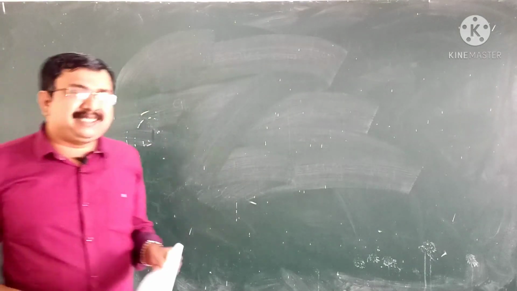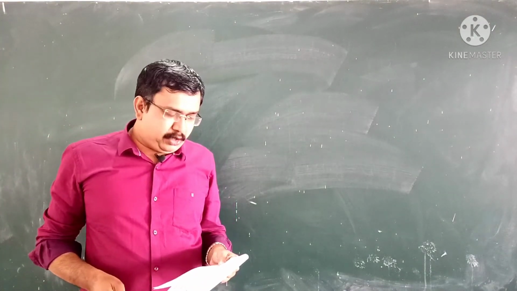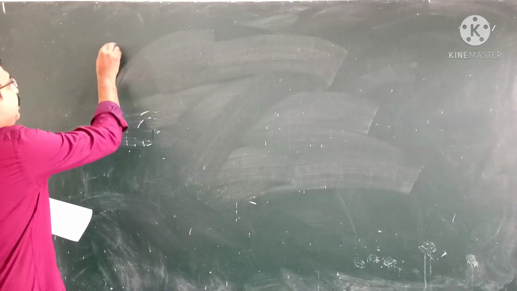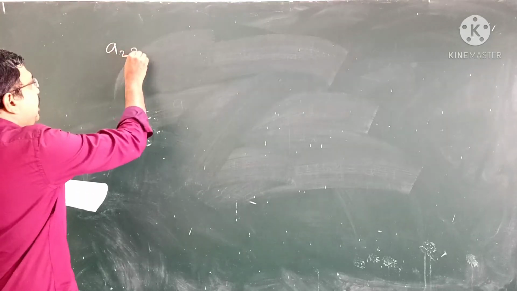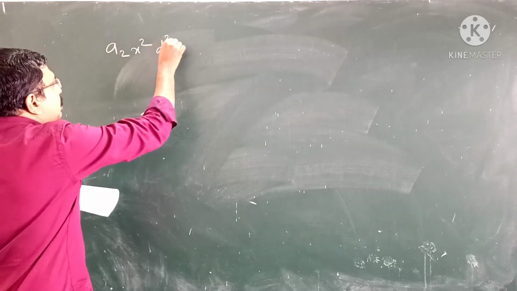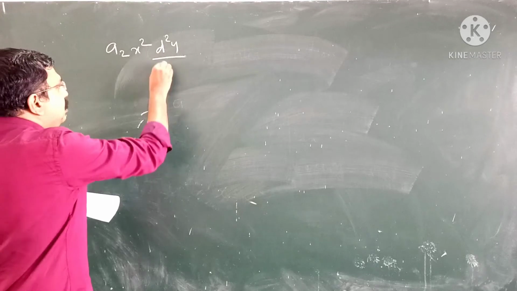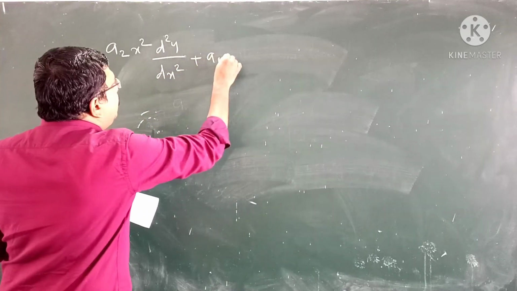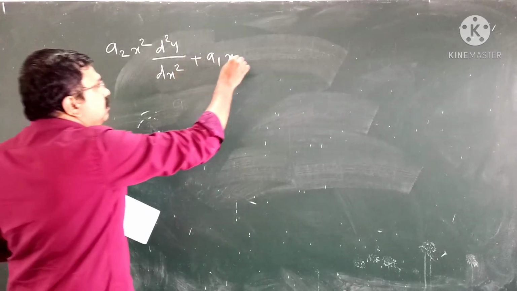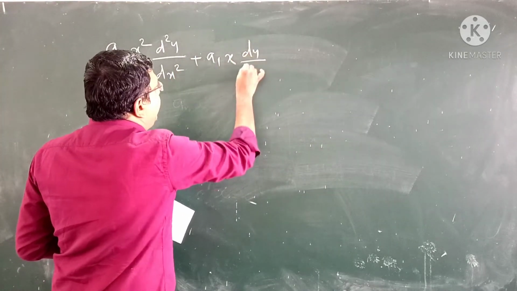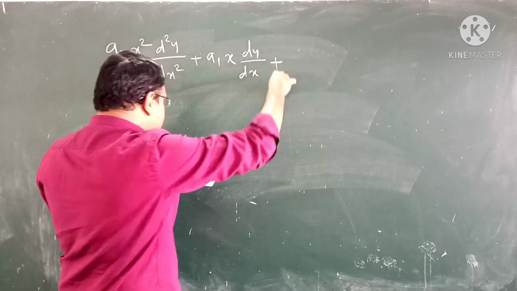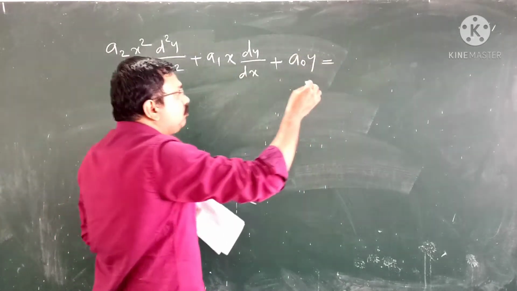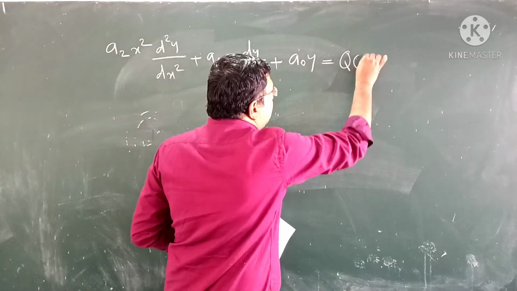We may consider the second order Cauchy-Euler equation: a_2 x^2 d^2y/dx^2 + a_1 x dy/dx + a_0 y = q(x).